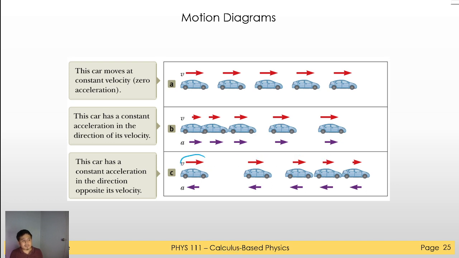Meaning your velocity is decreasing, so the distance between the cars is also decreasing in this diagram. And your acceleration actually will be in the opposite direction, meaning this acceleration is negative since it is going to the left. Okay? So that's it.